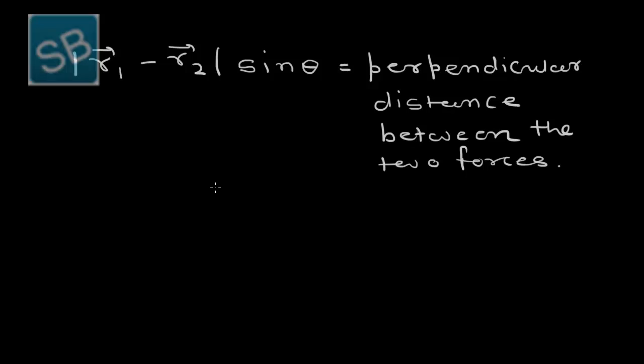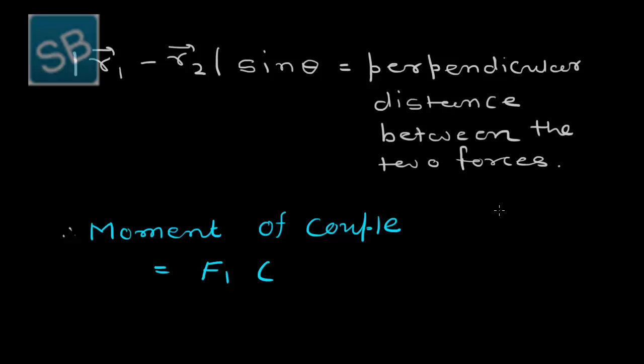And if you want to find out the moment of couple, that is equal to F1 into the perpendicular distance between the two forces, because the moment I can write in terms of force as the rate of change of momentum with respect to time, and here I can find the moment of couple by multiplying the magnitude of any one of the two forces and the perpendicular distance between the two forces, and in such a way you can obtain or generate the couple of force.